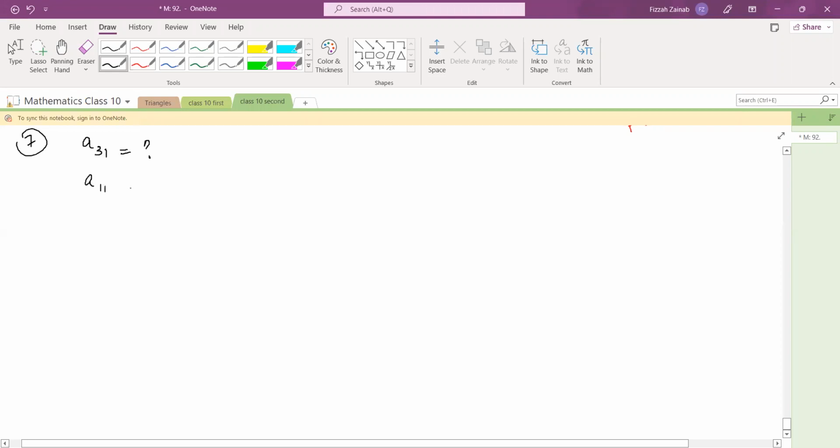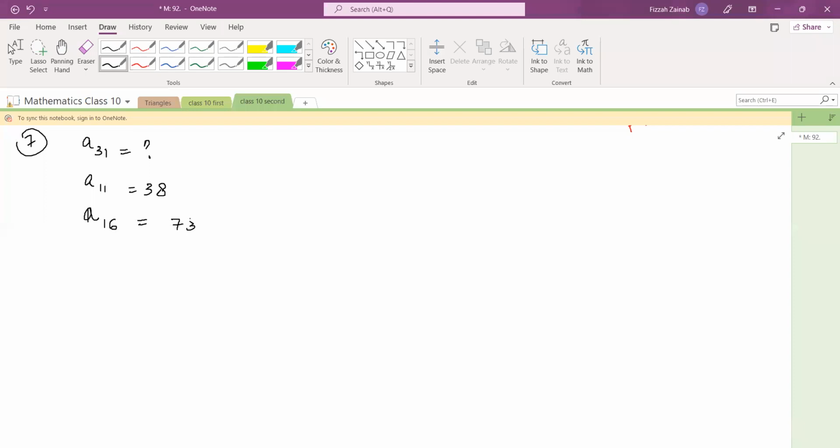A11 is given, which is 38, and A16 is 73. Now, wherever a and d are not given, at least 2 terms will be given. Right, Hamna? Okay. From these two, you will get 2 equations in a and d, which you can solve to find a and d, and then any term you can find. Got the point? Yes, ma'am.